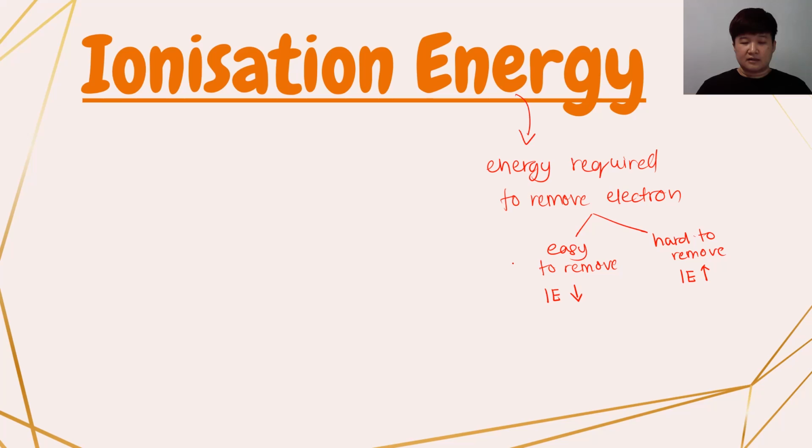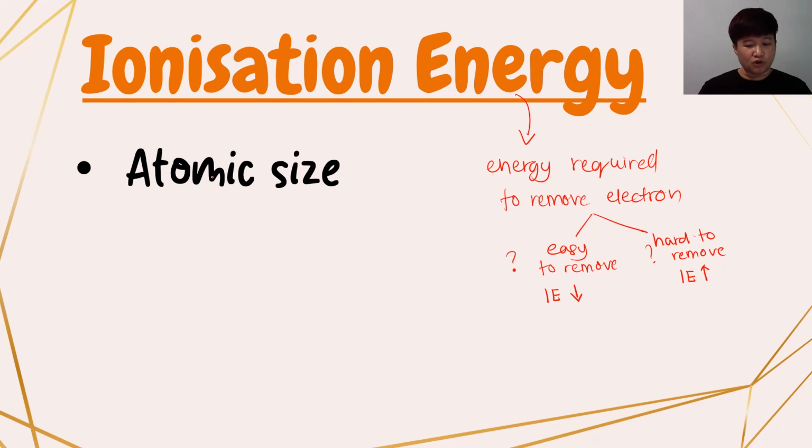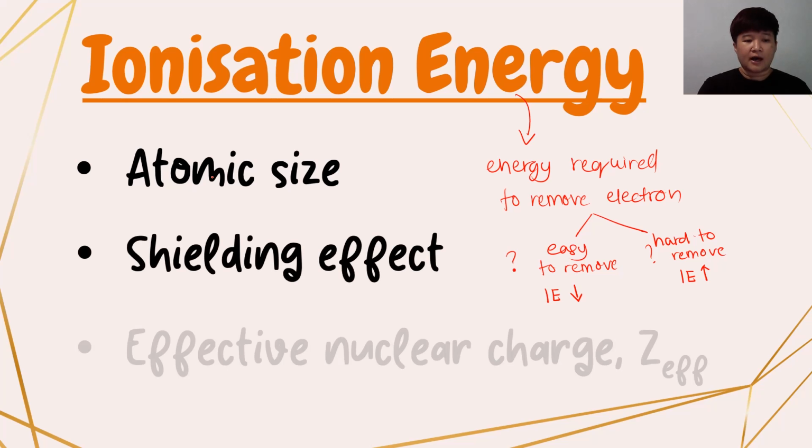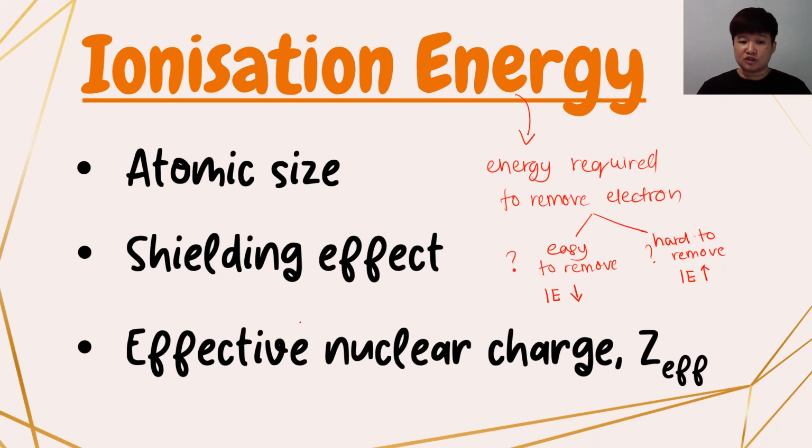And how do we determine whether it's easy to remove or hard to remove? It will be 100% dependent on the atomic size. Atomic size is again highly affected by the shielding effect and also the effective nuclear charge. As always, the shielding effect is used when you are going down a group, and effective nuclear charge is used when you are going across a period.